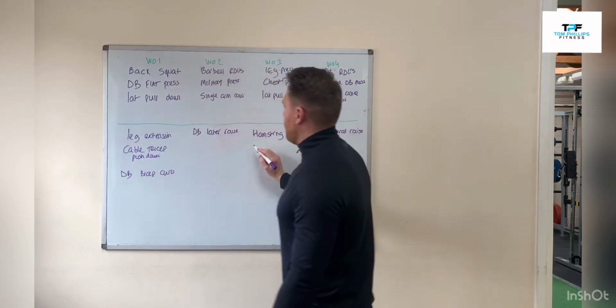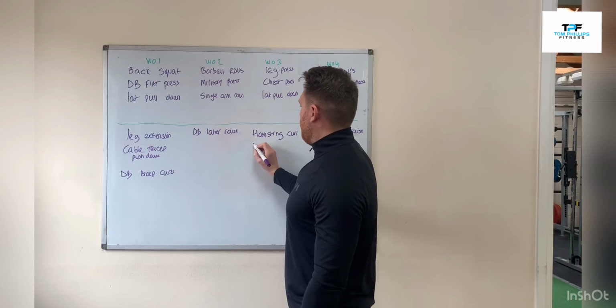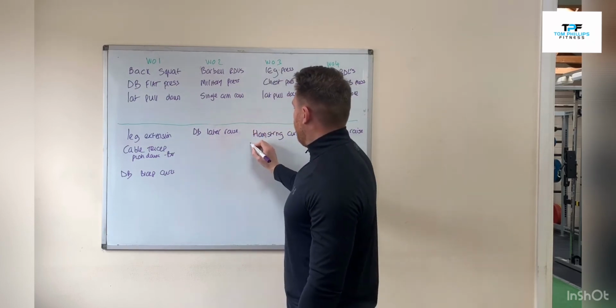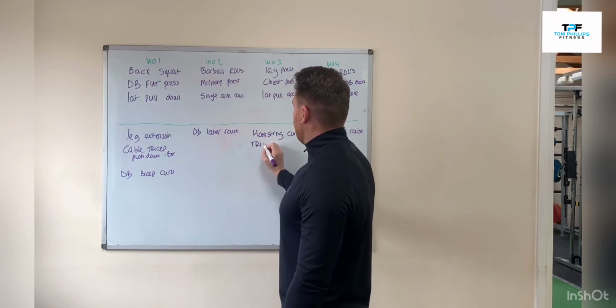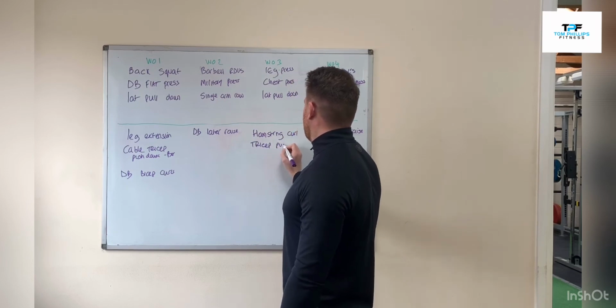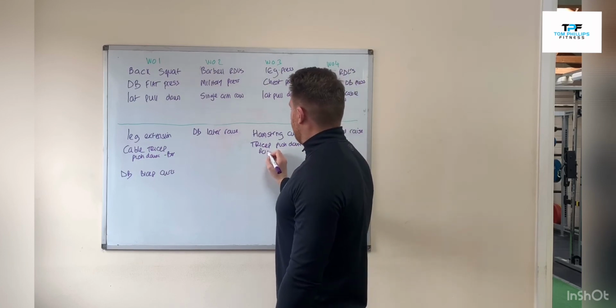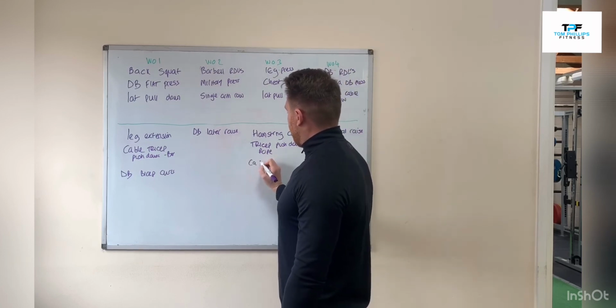And then to tick our boxes with arms again, this could be with a bar. And then this one here could be with a rope, so we could do tricep pushdowns with a rope.